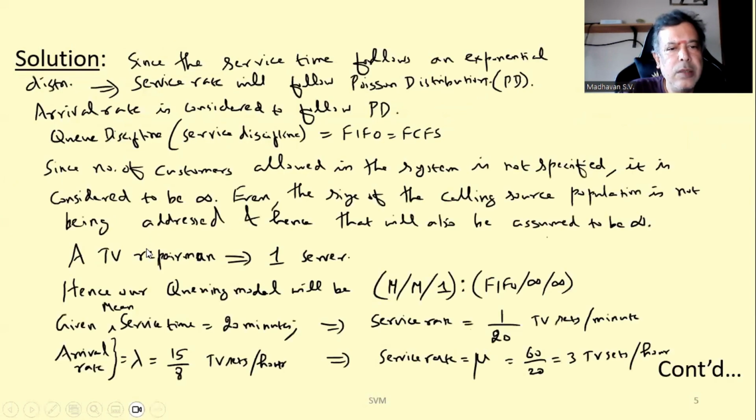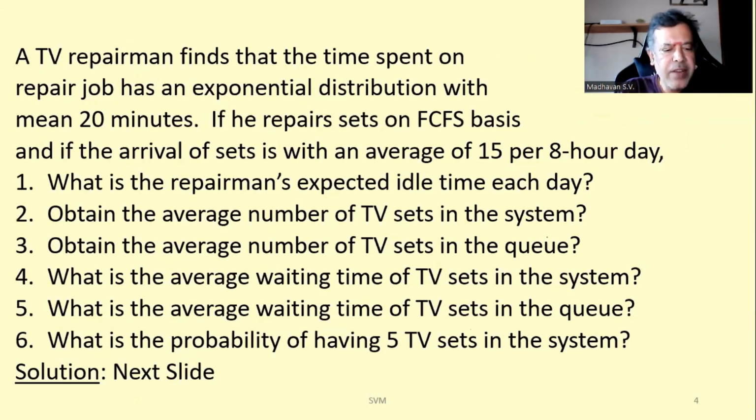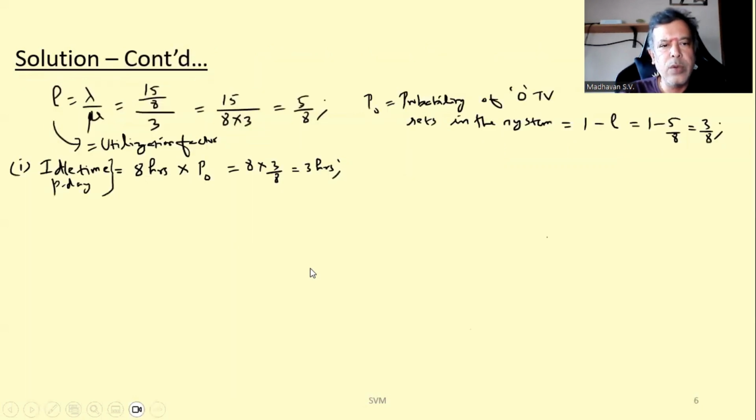Let us move on. Obtain the average number of TV sets in the system. So we have to find out L suffix S. L suffix S, we know it is rho divided by 1 minus rho for this particular model. And that will be 5 by 8 divided by, we already calculated 1 minus rho, which is 3 by 8.